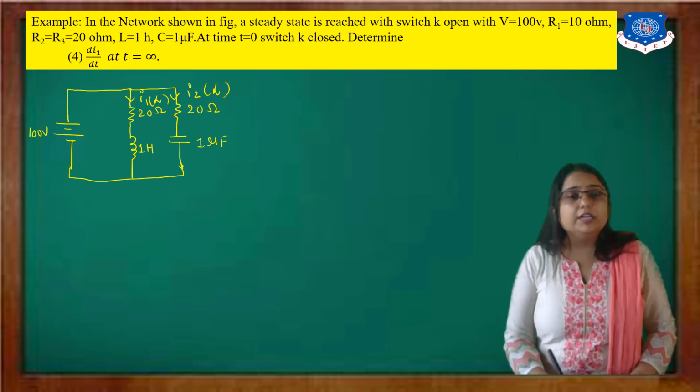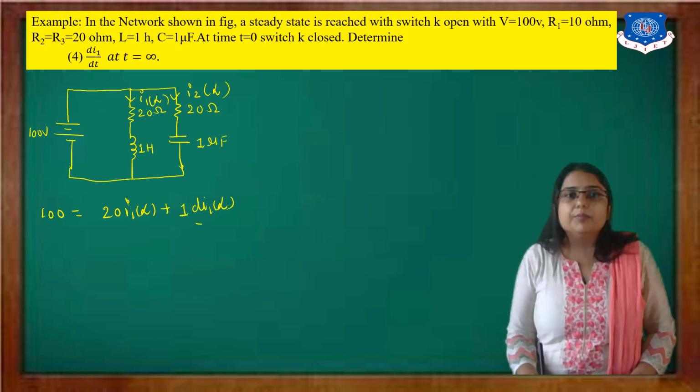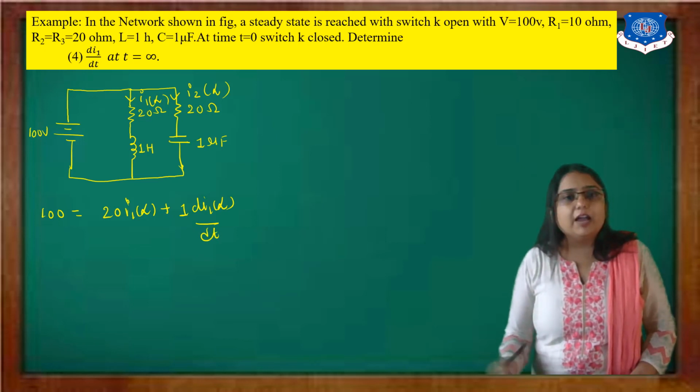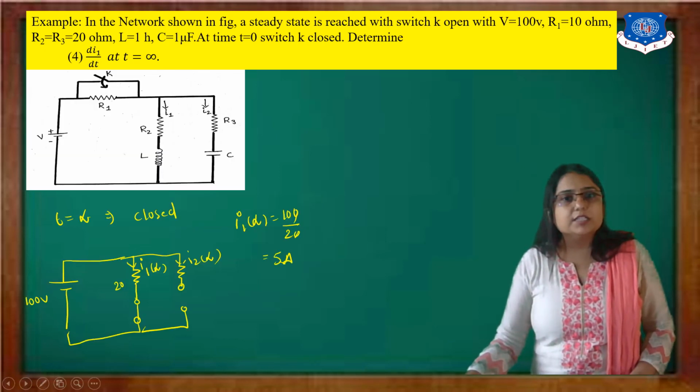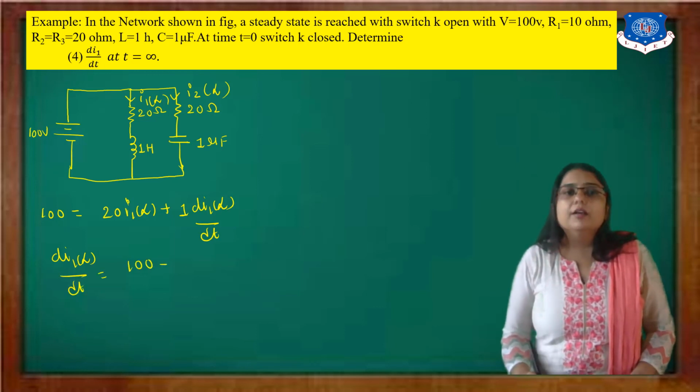Now I want to find out di1/dt, so just write down the equation: 100 equals 20 I1(infinite) plus 1 di1(infinite)/dt. Already we have the value of I1(infinite), that is 5 ampere, just substitute that value. So di1(infinite)/dt equals 100 minus 20 into I1(infinite), that is 5.